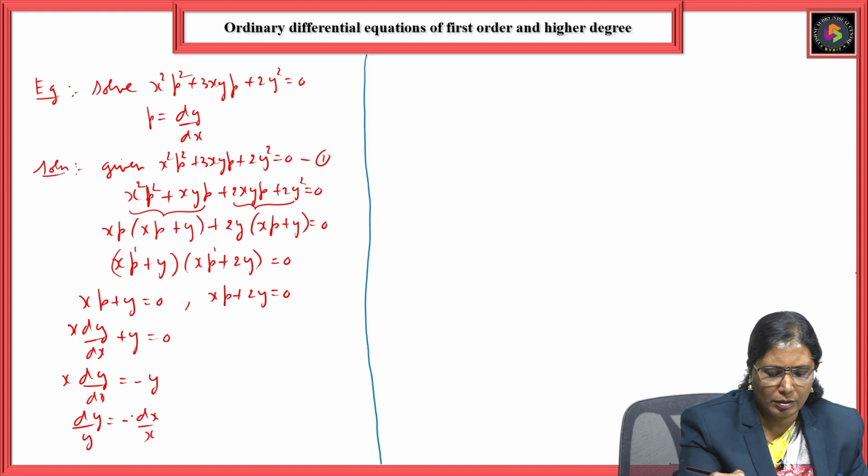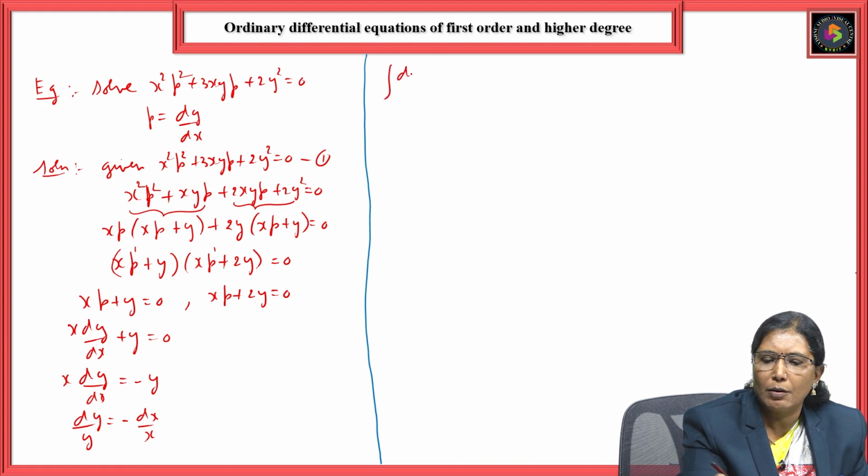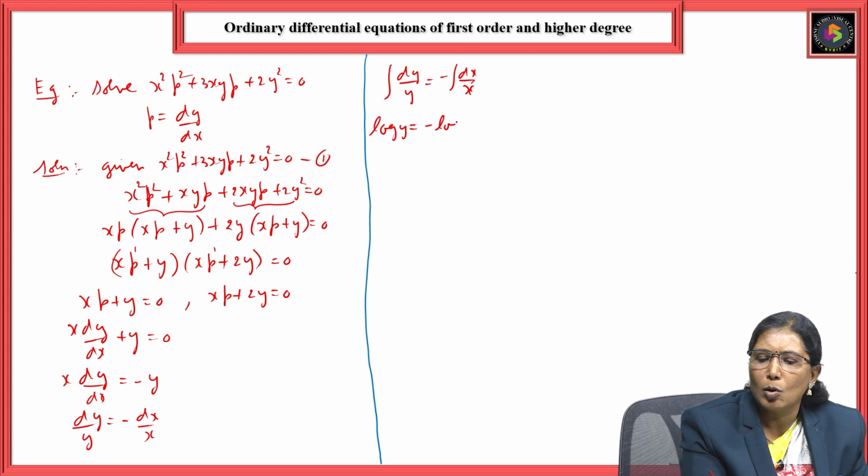Now we have separated the variables, all y with dy and x with dx. So integrating on both sides, the integration of dy by y is nothing but log y is equal to minus log x.